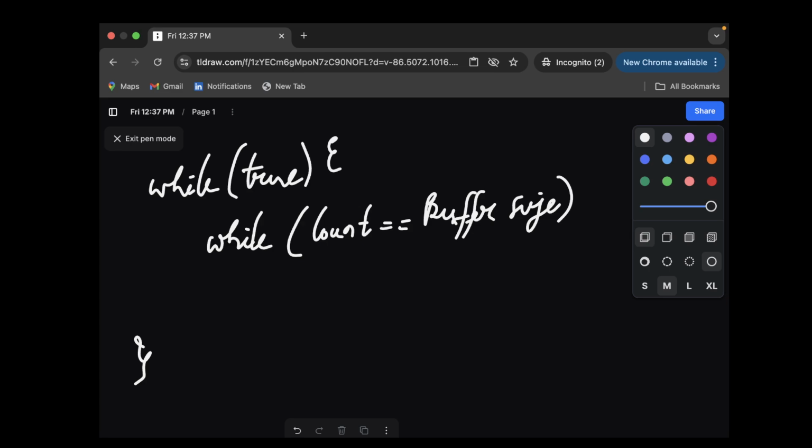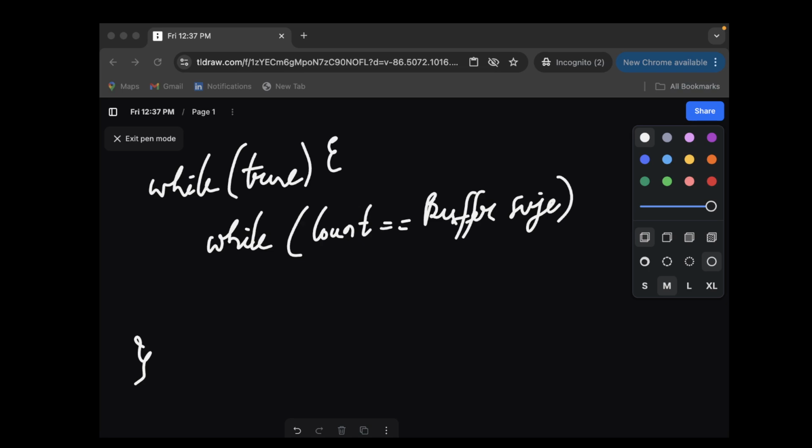Now buffer in is equal to next produced.